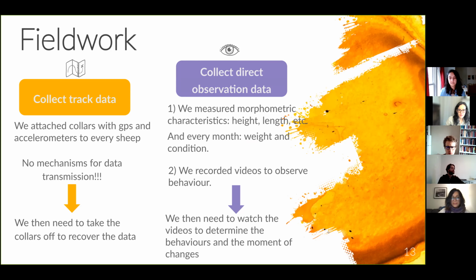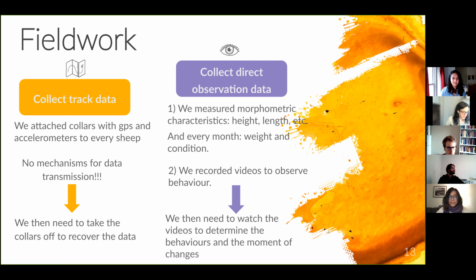To attach the devices to the sheep, we use collars, and we attach the collars to every sheep. This wasn't easy because, as of how the accelerometers work, we need the devices to be fixed in the same position.